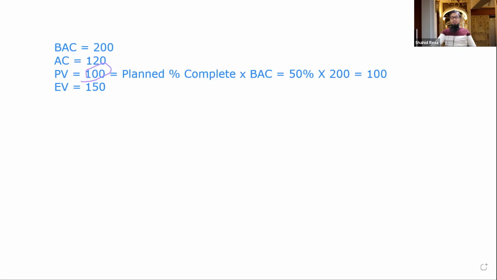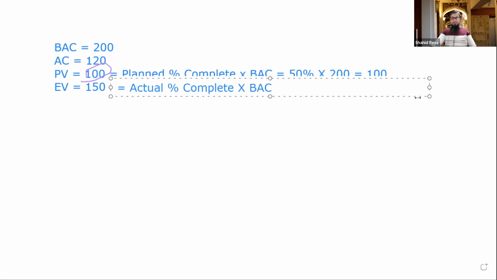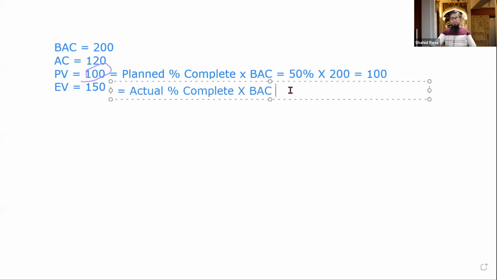Now let's see how 150 came. Earned value is actual percentage complete into BAC. We have completed 3 walls out of 4, so that is 75%. 75% into 200 equals 150.